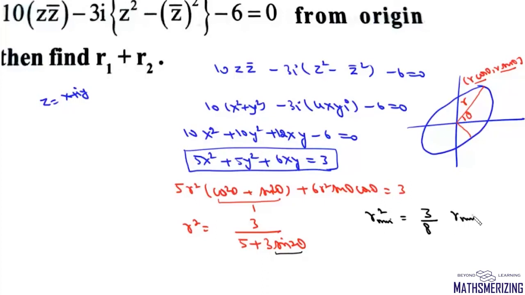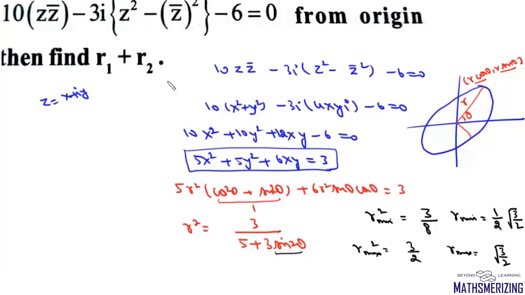So the value of r minimum will be 1 by 2 root 3 by 2. Now we'll get this value maximum when the denominator is minimum. The minimum value of sin 2 theta is minus 1. So here we'll get this value as 3 by 2. So the maximum value of r will be under root 3 by 2.